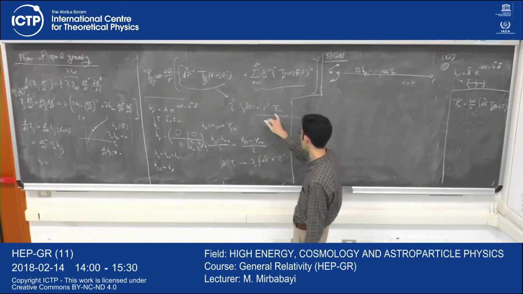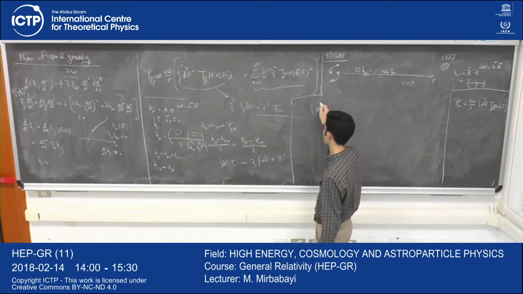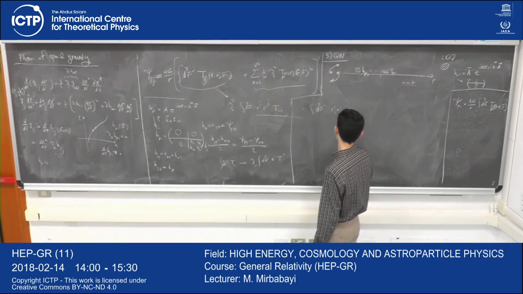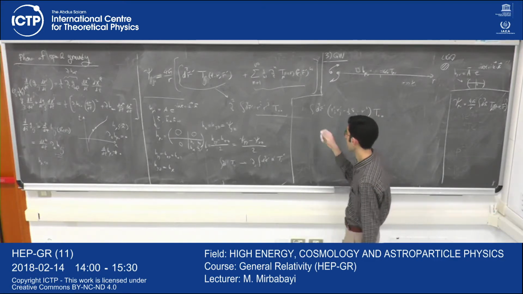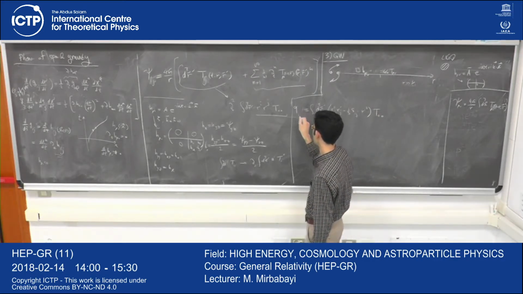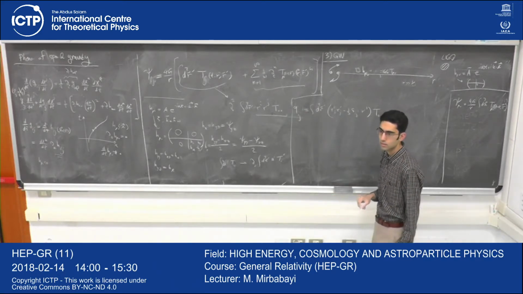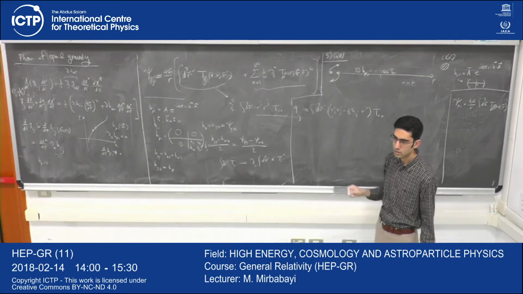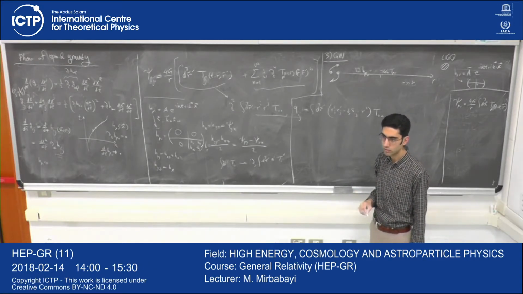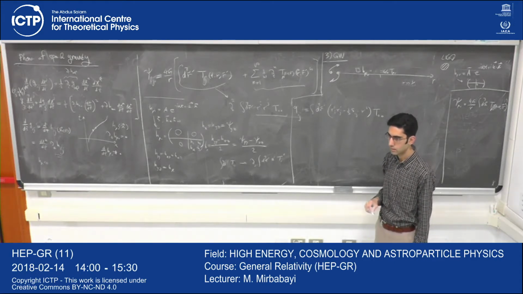That is the traceless components of this matrix: r prime i, r prime j minus 1/3 delta ij r prime squared, times T00. That is what is called the quadrupole moment. So that's how you get a quadrupole formula as a leading term.